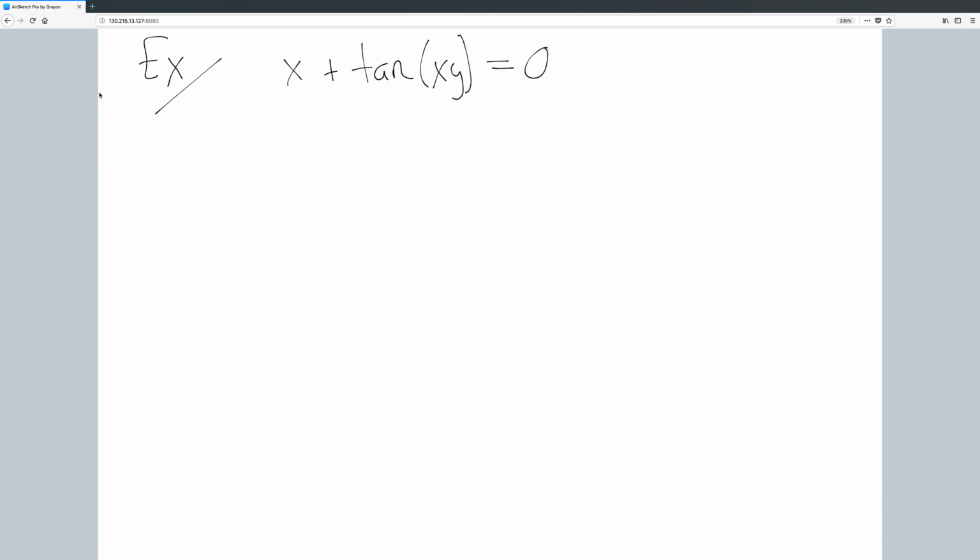And we want to again find dy dx, a little different because we now have a trig function involved. But it's the same approach. Derivative with respect to x of both sides.